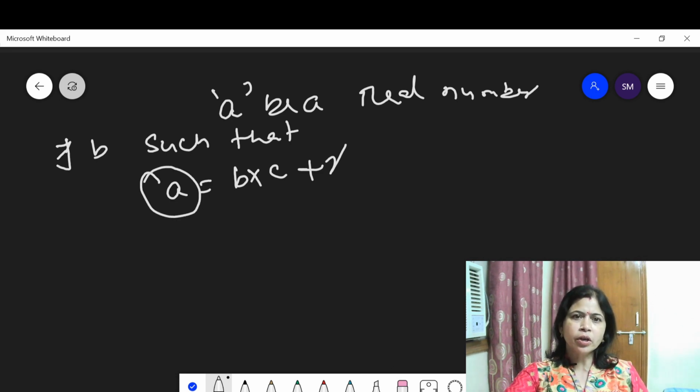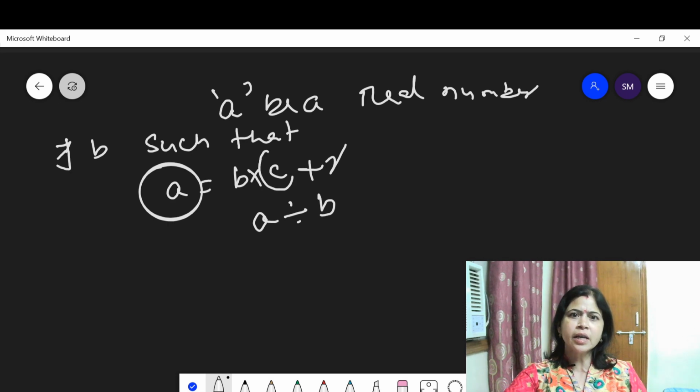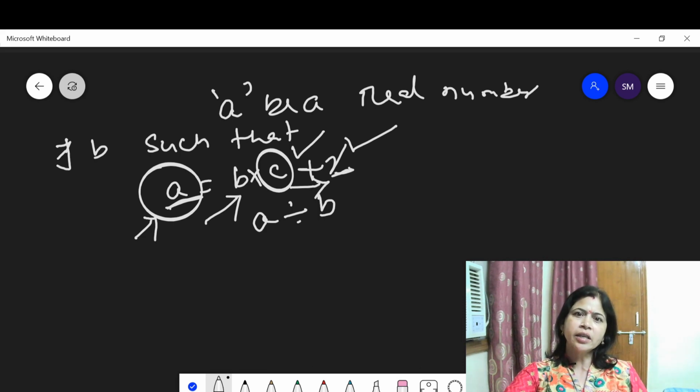This means when we divide a by b, we get c as the quotient and r as the remainder. Here a is called the dividend, b is called the divisor, c is called the quotient and r is called the remainder.